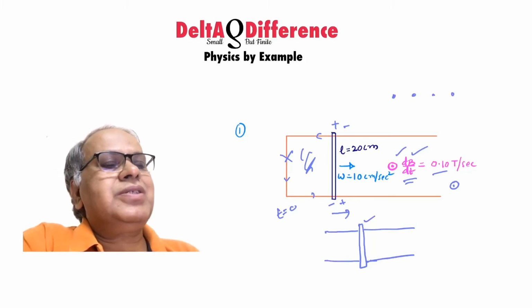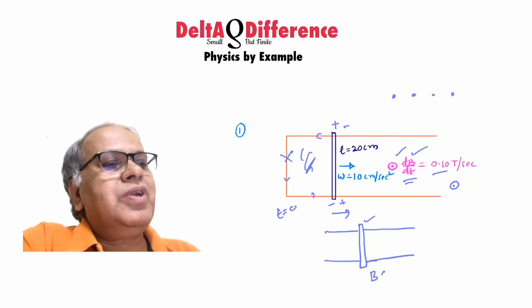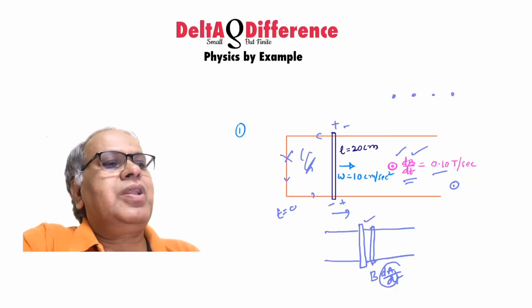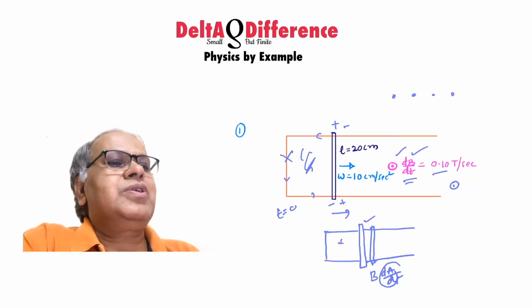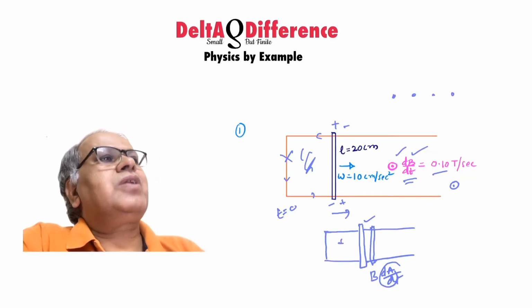In all such cases, the EMF induced will be written as B into dA by dt, which actually means the rate at which the area is swept by the rod rather than the actual area where the flux is enclosed. So that is what we are trying to tell.